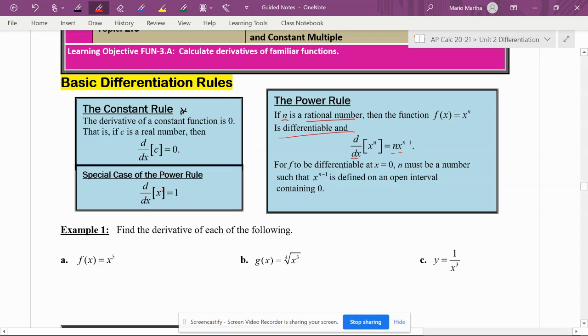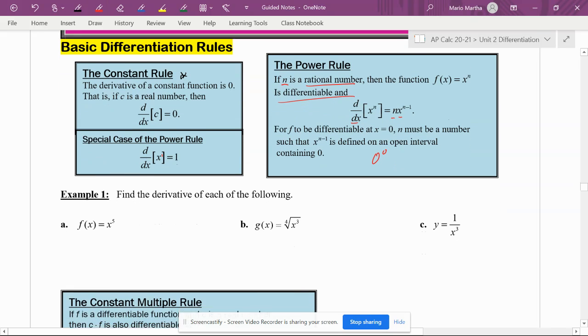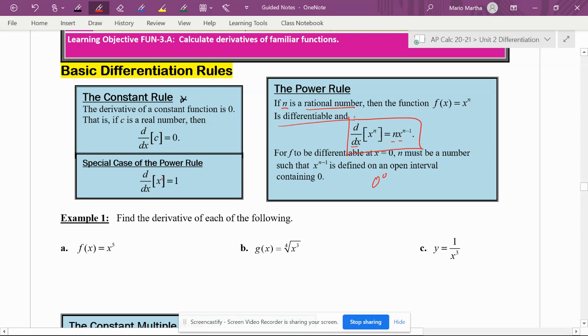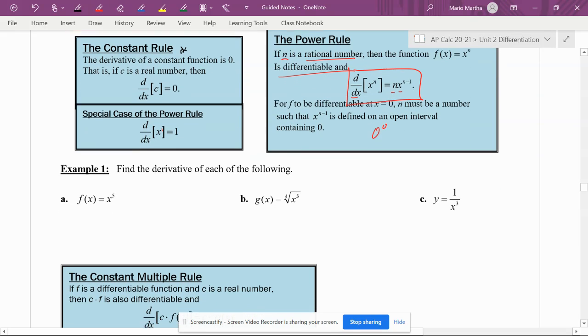For f to be differentiable at x equals 0, n must be a number such that x raised to the n minus 1 is defined in an open interval containing 0. This is just to prevent you from having something like 0 raised to the 0 in your interval. We have to be careful, because remember, that's an indeterminate form. We're going to see how we apply these rules, and I'll show you a proof of this later on, which is actually really nice.